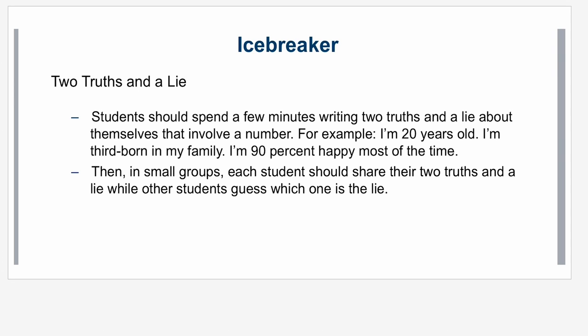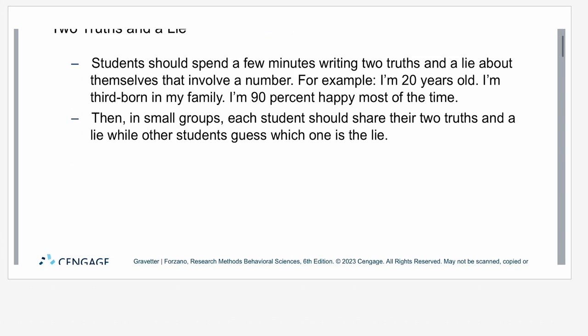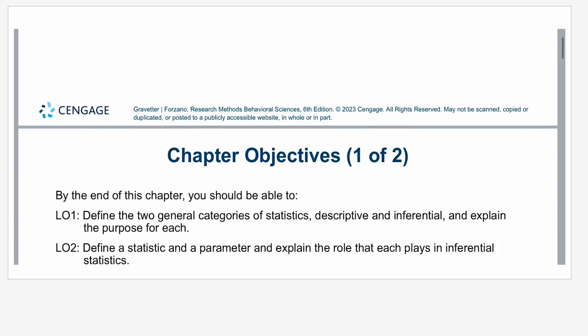I could say that's true. But the idea here is to get you thinking about how easily numbers can be manipulated and presented in a way that sounds truthful, but may actually be misleading or a lie, as we start to talk about statistics.